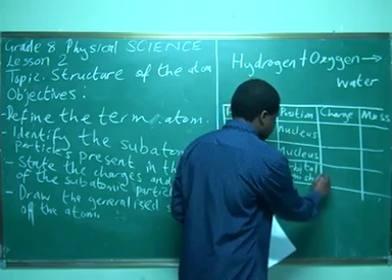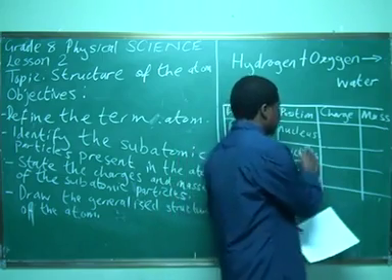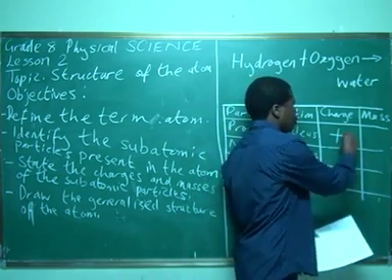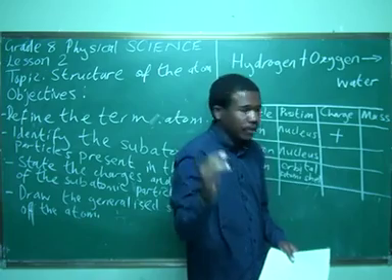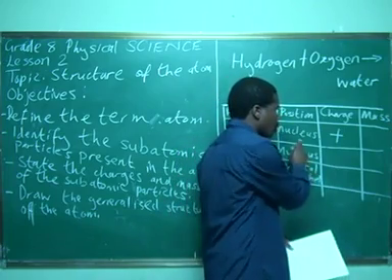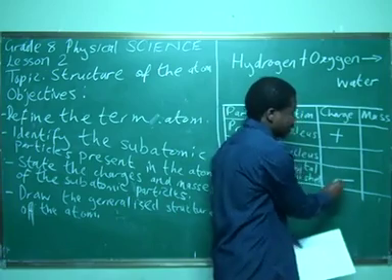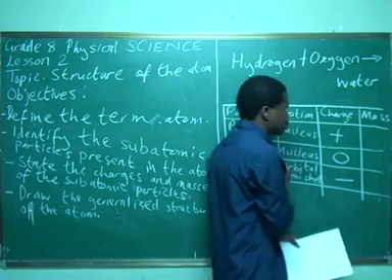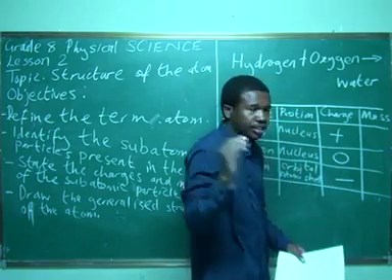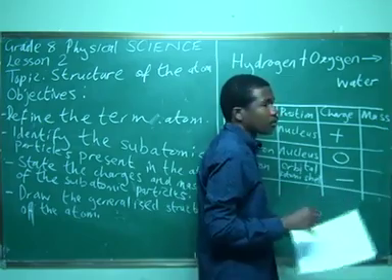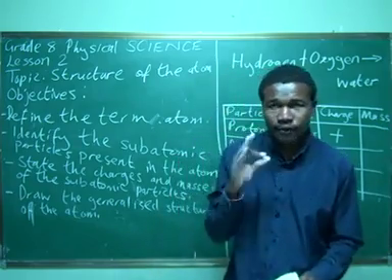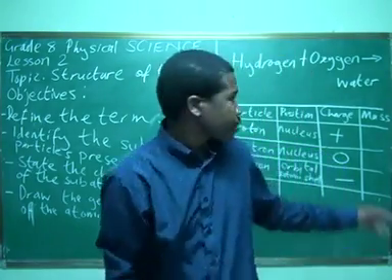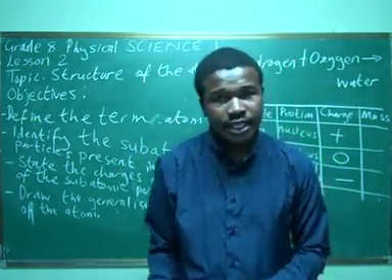The charge for the proton is positive. The electron is the opposite of the proton, so it is negative. The neutron, however, has no charge. Its charge is 0. Now you should look for the mass of these different subatomic particles and complete this table.